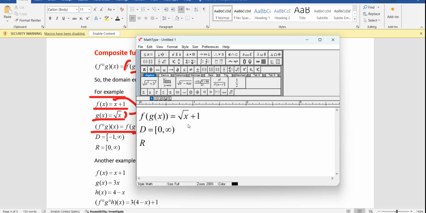And range is going to be from 1 to infinity.